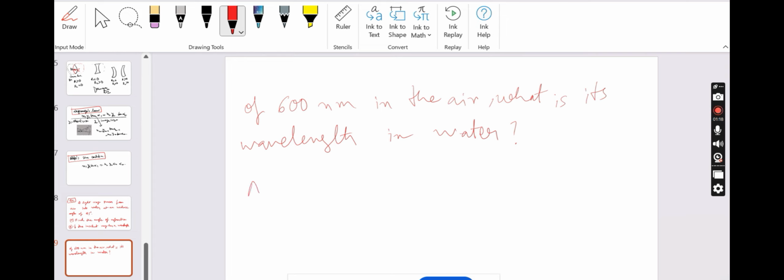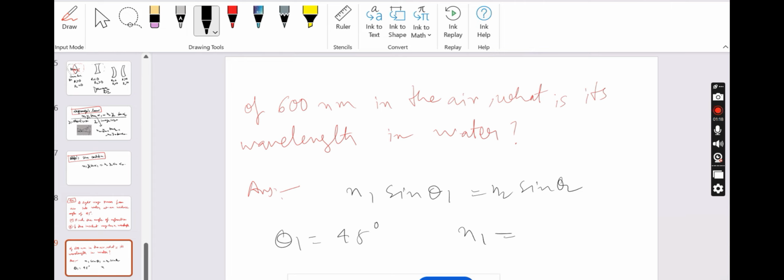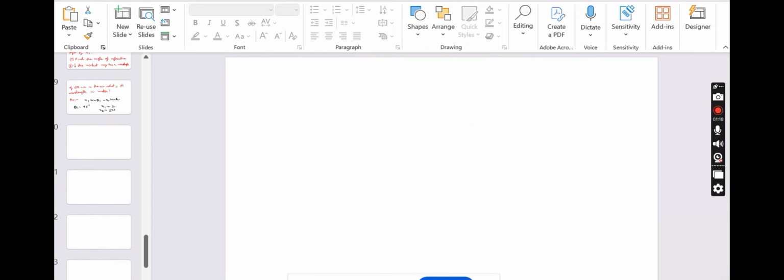So the answer is, we know n1 sin theta 1 = n2 sin theta 2. Theta 1 is 45 degrees, n1 is air, so 1, and n2 is water, so 1.33. So basically 1 times sin 45 degrees is equal to 1.33 sin theta 2.